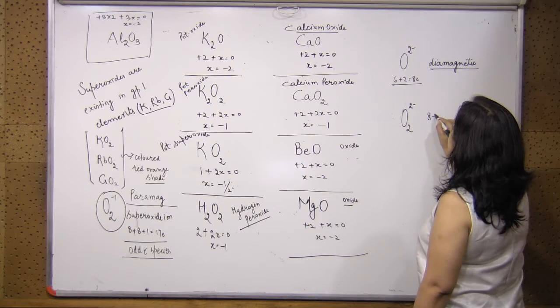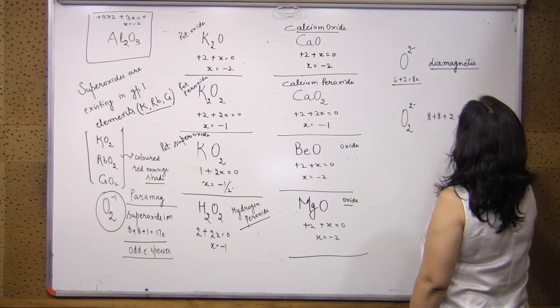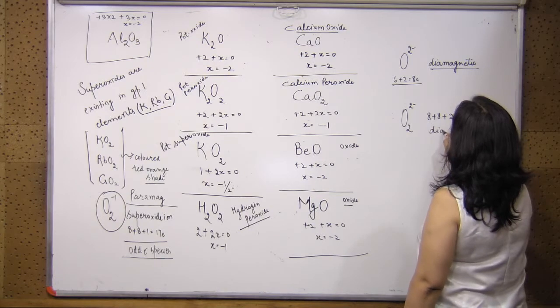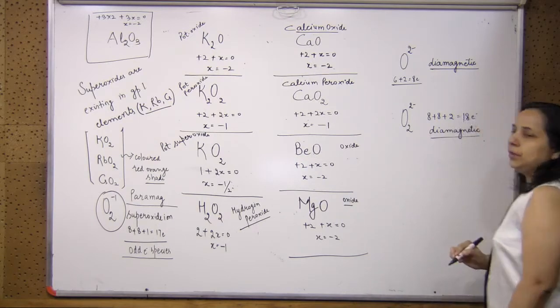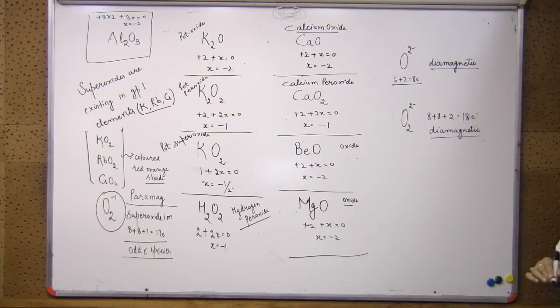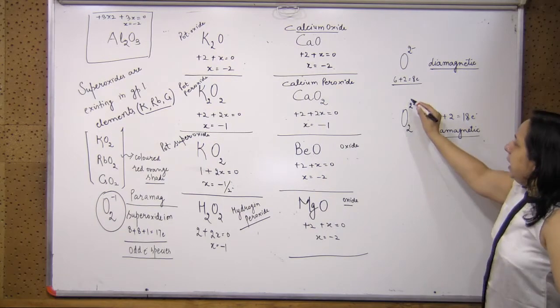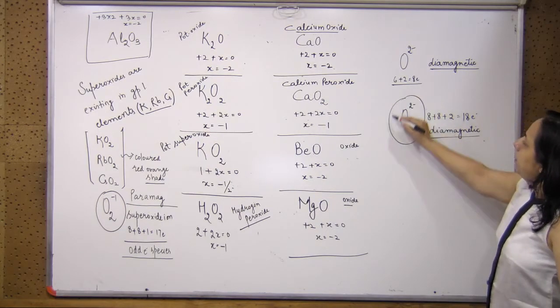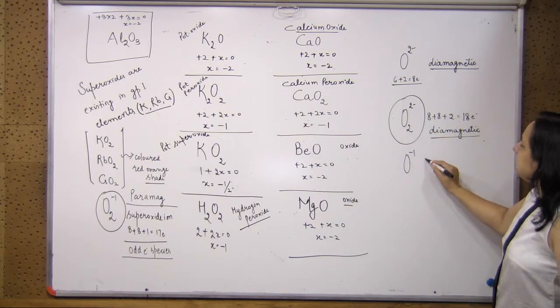It is 8 plus 8 plus 2, 18 electrons are there. Again, it's going to be diamagnetic. So O2 2 negative is again diamagnetic.